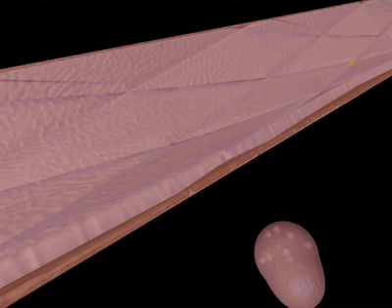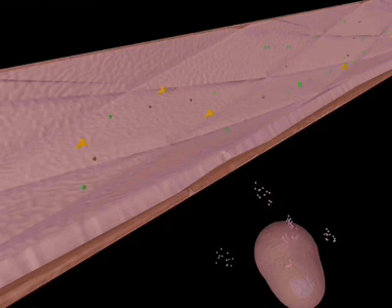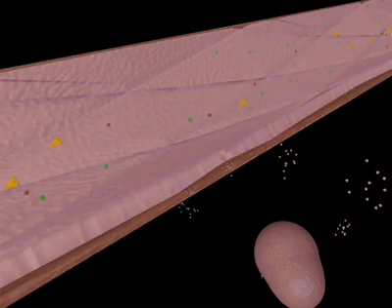Another feature of inflammation is an increase in capillary permeability. Mediators from activated mast cells, such as histamine, cause the endothelial cells to retract.